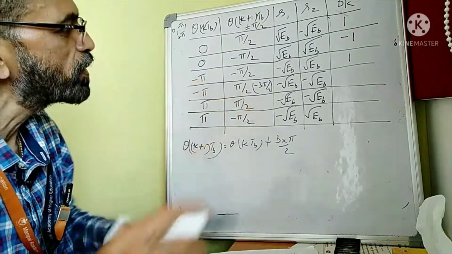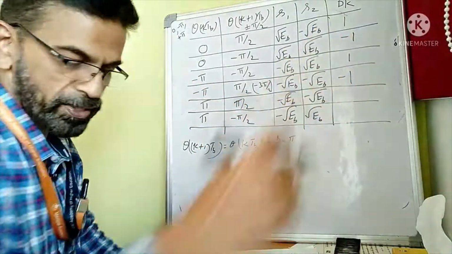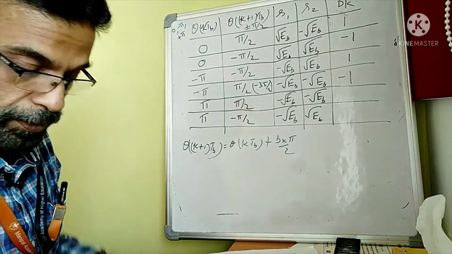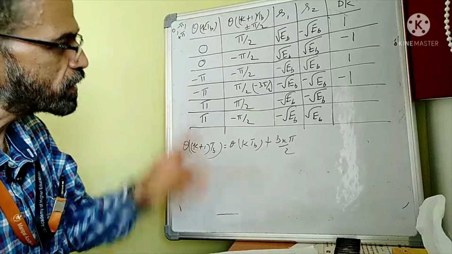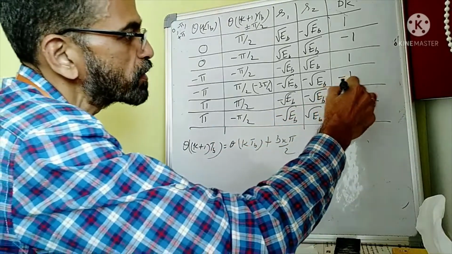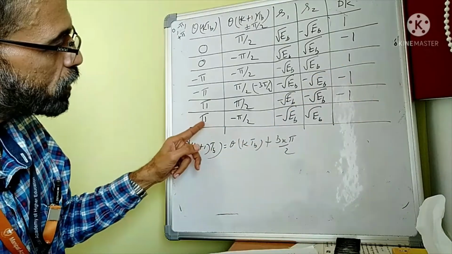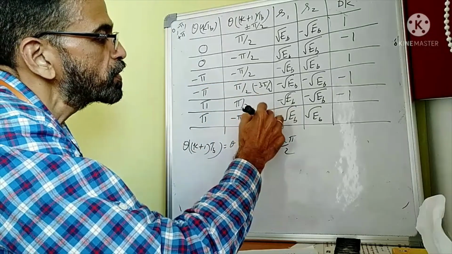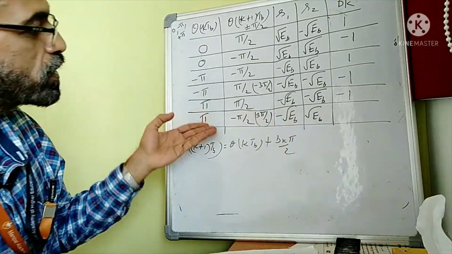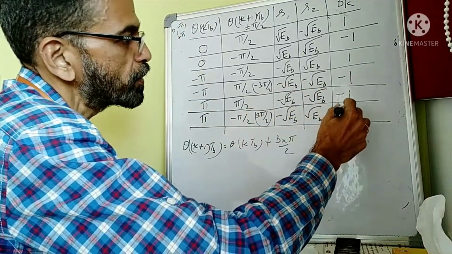So it's actually a decrease by pi by 2, and hence this is minus 1. And likewise, pi to pi by 2 is again a decrease by pi by 2, so minus 1. And pi to minus pi by 2, again minus pi by 2 is 3 pi by 2 modulo 2 pi, so that is an increase by pi by 2, and you get this.